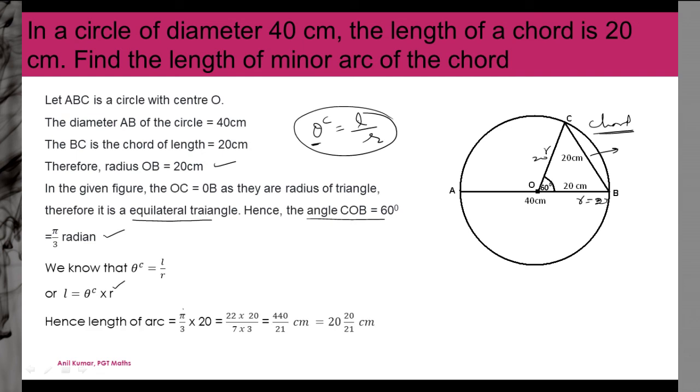Let's put the value. What is theta? Pi by 3. R is 20. Pi is 22 by 7. So on simplification I got 440 by 21, which is 20 and 20 by 21 centimeter. This is the arc length, the value of L.